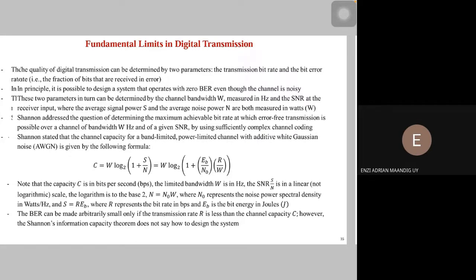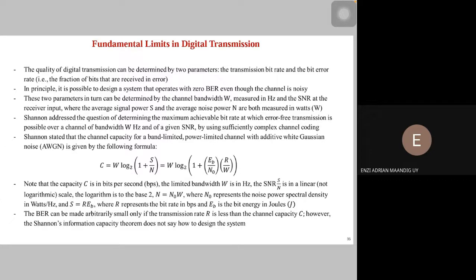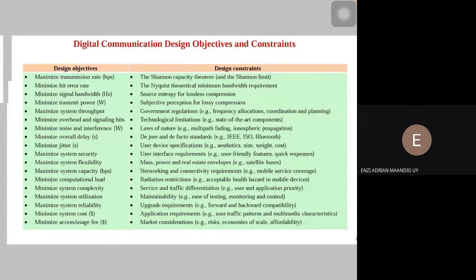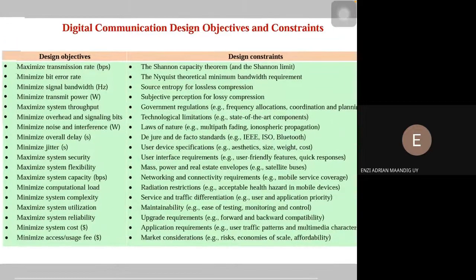It's the systems point of view, the handling of digital communication. In that field, these are the design objectives and design constraints that we should consider.